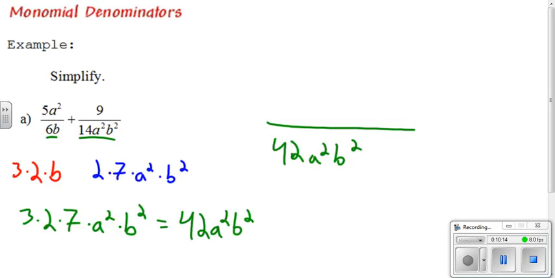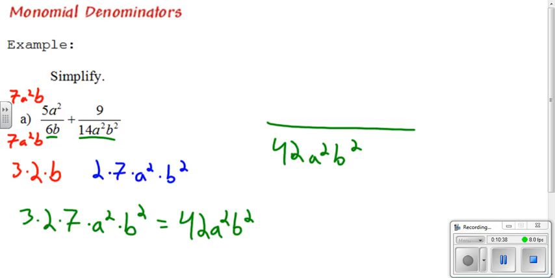So to get our 6b to become 42a squared b squared, we can just multiply by whatever we had to get 6b to, which was 7a squared b. So we'll multiply this by 7a squared b as well.